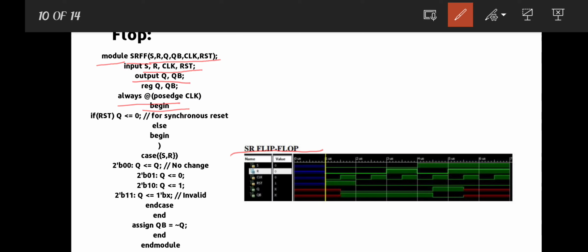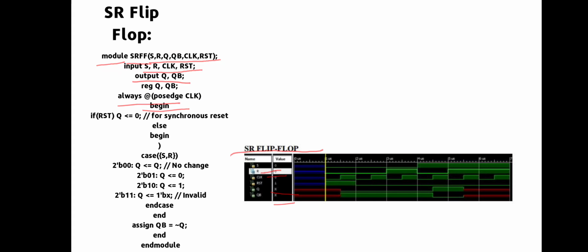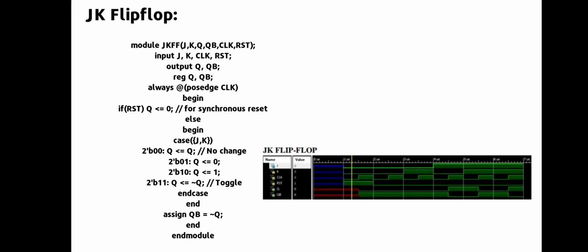This is the output of this SR flip-flop. Here, the given input is S equal to 0, R equal to 0. Then the output we get is X. And this is the Verilog code for the JK flip-flop.